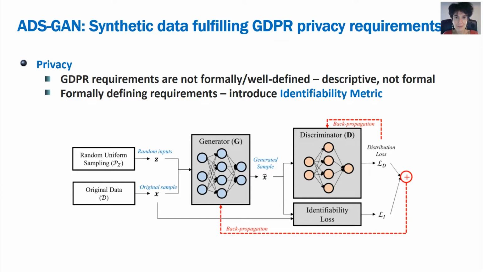On the basis of this, we can then develop models to create synthetic data of individuals that are fictitious and yet could be drawn from the same population as the real data. So they conserve the characteristics and properties of the real dataset. And with this model, the user can then define the threshold of acceptable identifiability. So this allows the model operator of ADS-GAN to weigh the risk-benefit ratio for any given problem when generating a synthetic dataset. So they can weigh on one hand the risk of identification and re-identification versus the quality of the generated synthetic dataset.